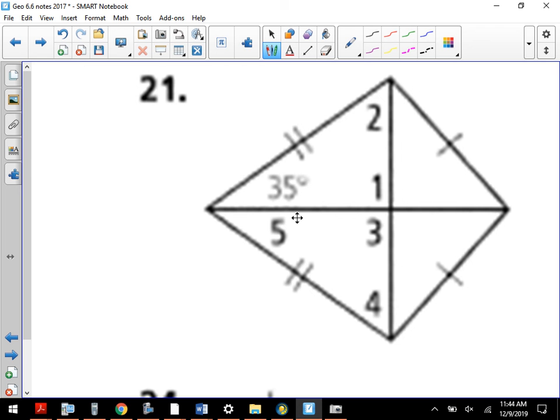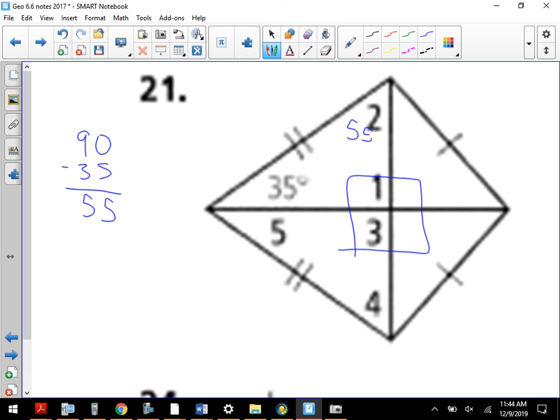Okay. So you know around 1 and 3, those guys are all 90. Okay. How many degrees are in a triangle? 180. So if I back out the 90, and then I back out the 35, gives you what? 55, I believe? Okay. So it gives you 55 for here.